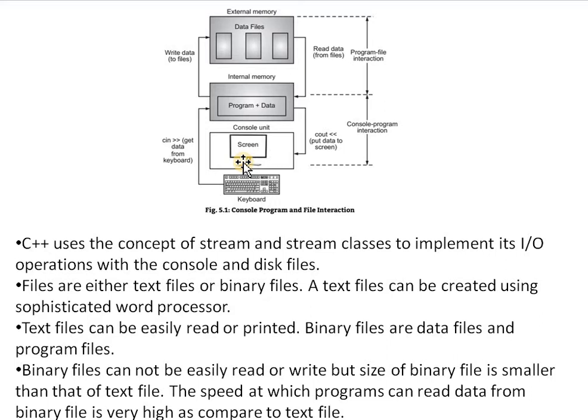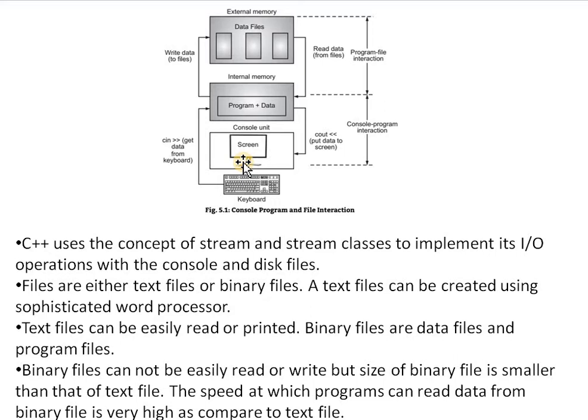Normally, files are divided into two categories, either text files or binary files. Text files are normal files that are created by using any word processor, and in a text file the text data is present. The second is binary files. Binary files are not as easily read and written as text files, but binary files require less memory compared to text files.